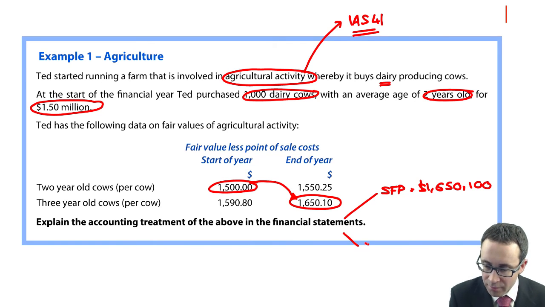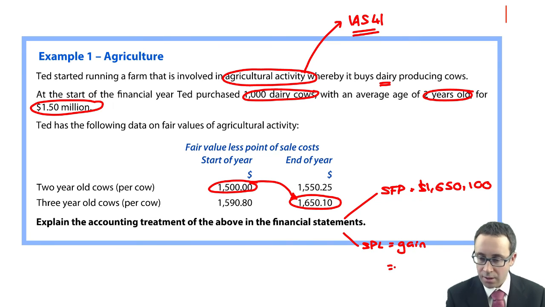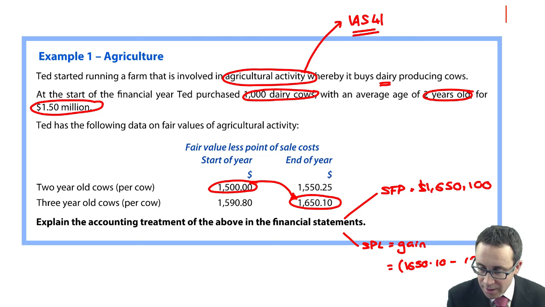And then on your statement of profit or loss, you have a gain, don't we? And that gain is the movement. So is that 1650.10 less the 1,500 multiplied by 1,000?